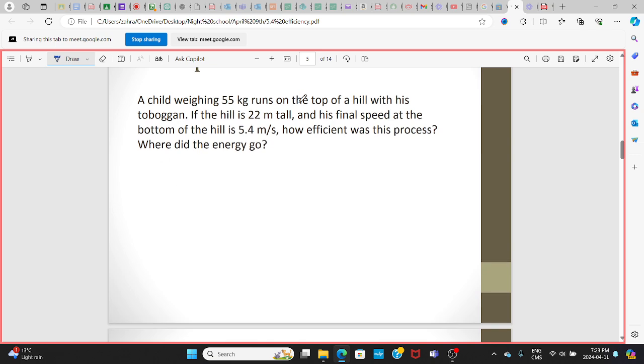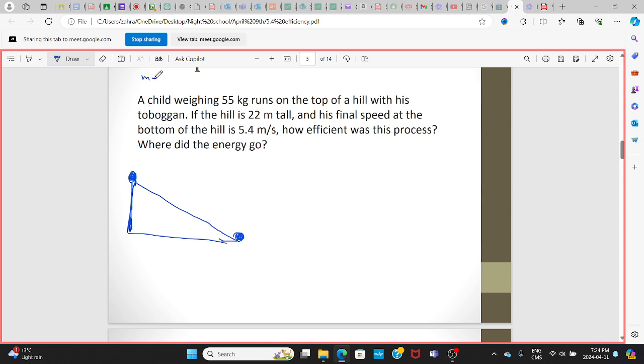A child weighing 55 kilograms runs to the top of a hill with his toboggan. If the hill is 22 meters tall and his final speed at the bottom of the hill is given, how efficient was this process? Okay, so the person is here at the top, and slides down, going to the bottom.